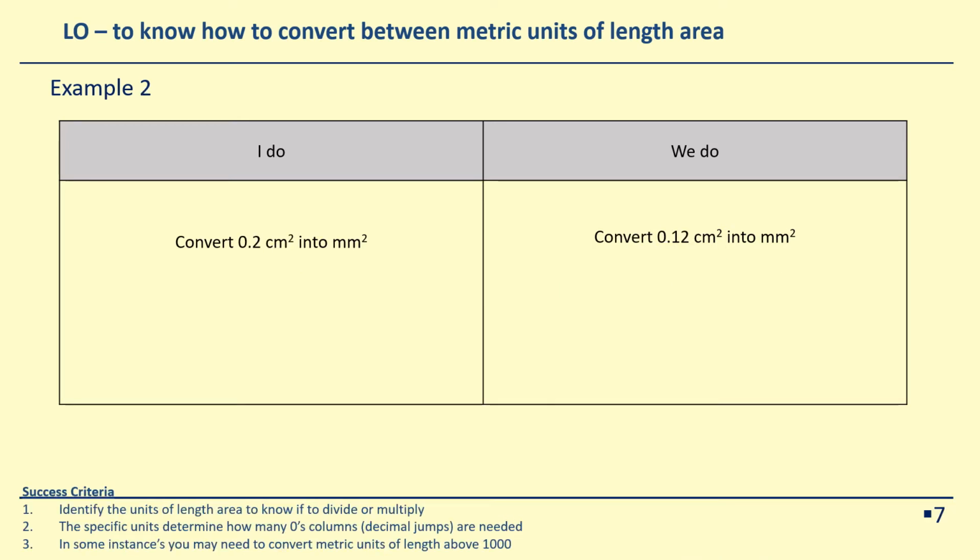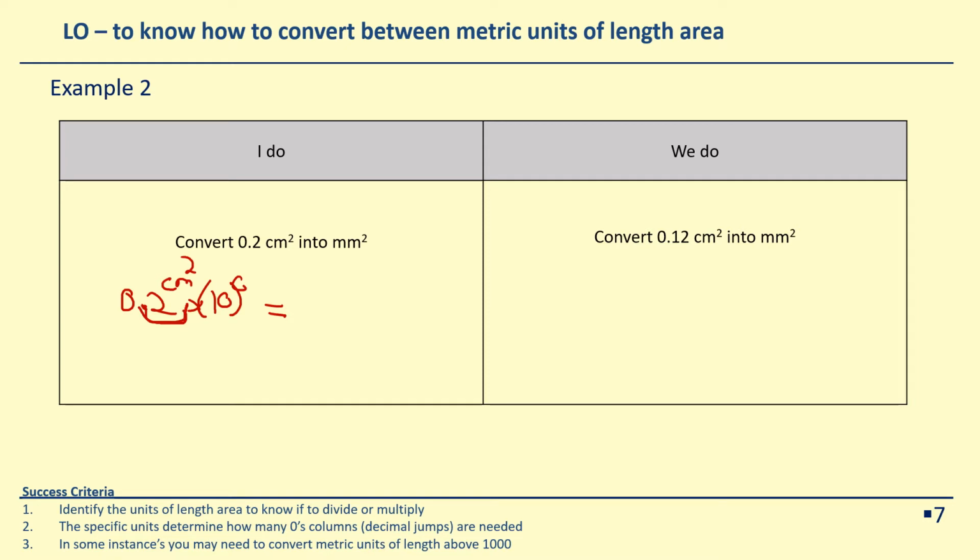This time we're using a decimal, so in this I do 0.2 centimeters squared times by that 10 squared. Keep writing our units. When we times, we jump one to the right.